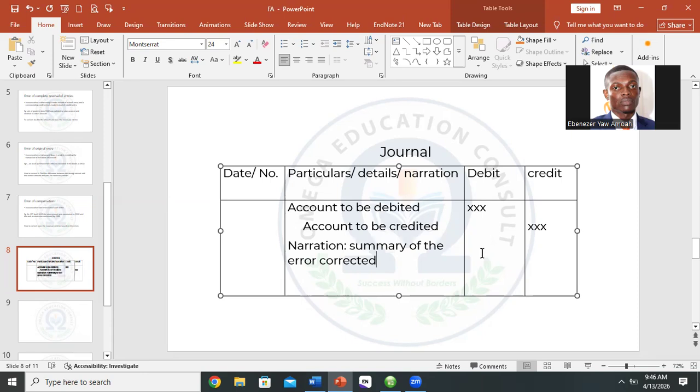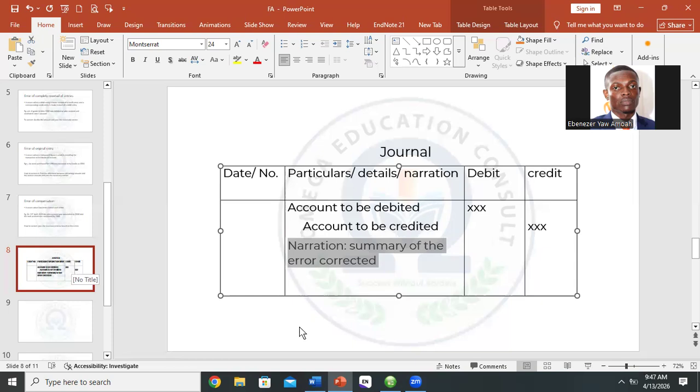Some also prefer summarizing the transaction or the error that was given. Then when we begin solving examples, you will appreciate this is how you prepare the journal. So if you have about 7 errors, you go to number 1, do the debits and credits, add the summary or narration. You go to number 2 and do the same. Now, the narration is compulsory unless otherwise stated by the examiner to ignore narration. If not, you have to add narration.